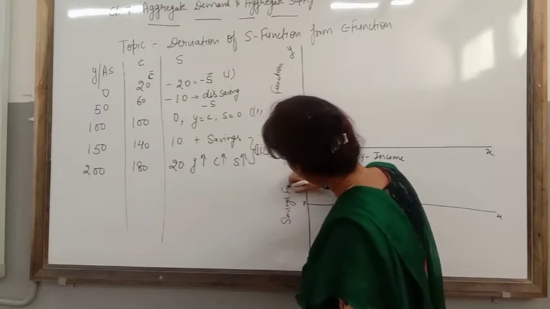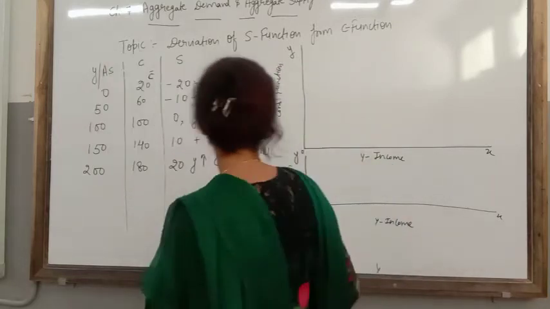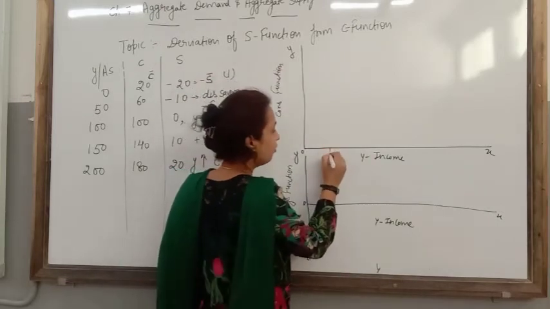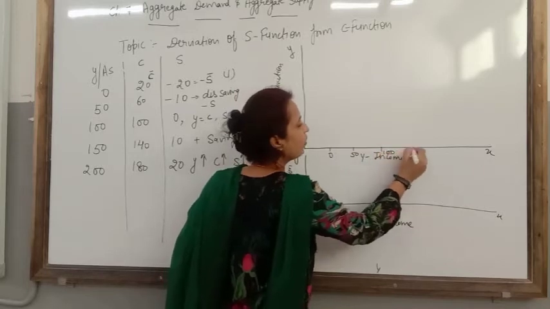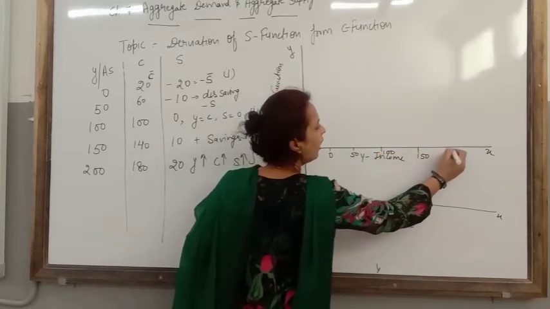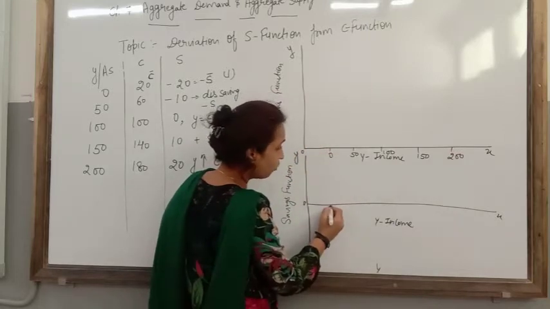Clear? Now, income: 0, 50, 100, 150 and 200. Clear? In the same way you have to draw.